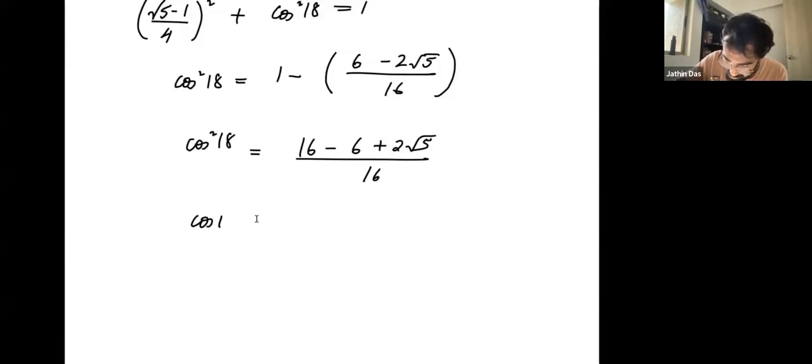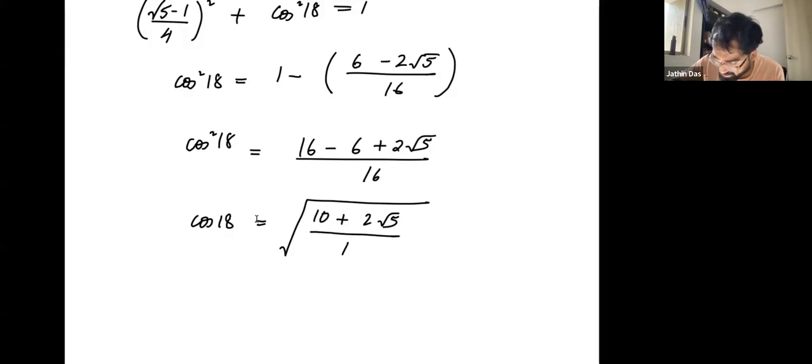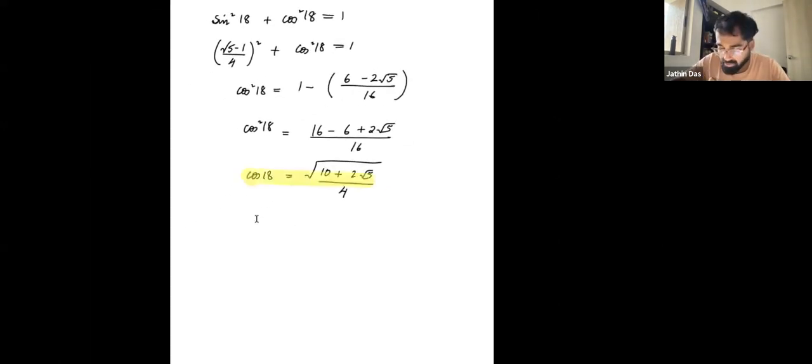Then you take the square root: root of 10 plus 2 root 5 divided by 16. Root 16 is what? 4. So similarly, cos 36 we got root 5 plus 1 by 4, and sin 36 will be root of 10 minus 2 root 5 by 4.